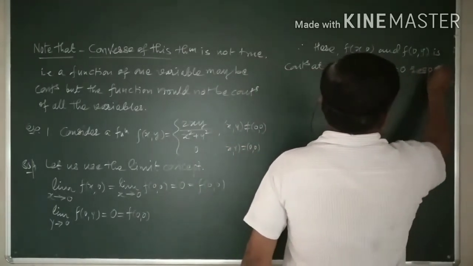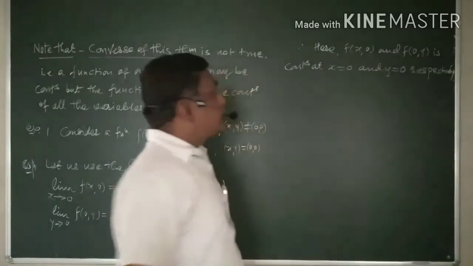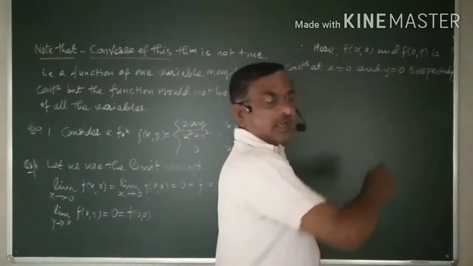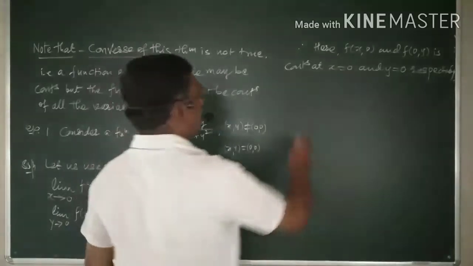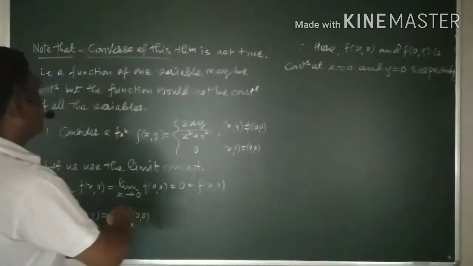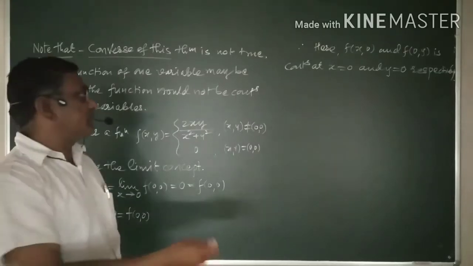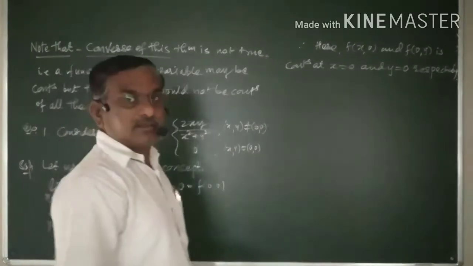That is, f of (x, 0) is continuous at x is equal to 0 and f of (0, y) is continuous at y is equal to 0. Okay. Therefore, the second part of the statement of the theorem, we have justified. Now let us go for the first part.